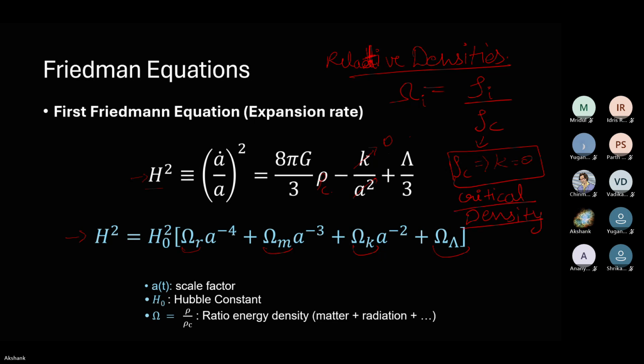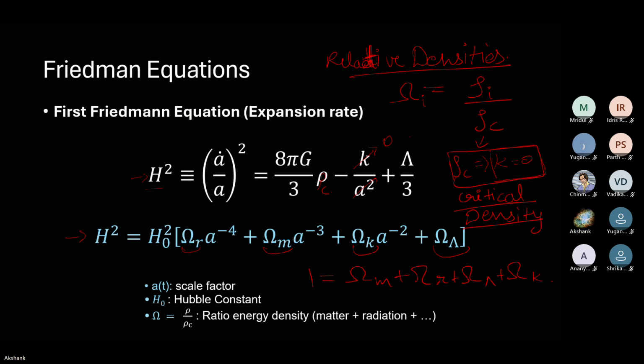Okay. Now, the important, shocking fact is we have observed that the universe is flat. We have been able to measure. There are ways to measure this k. How? We simply write 1 equals omega m plus omega r plus omega lambda plus omega k.